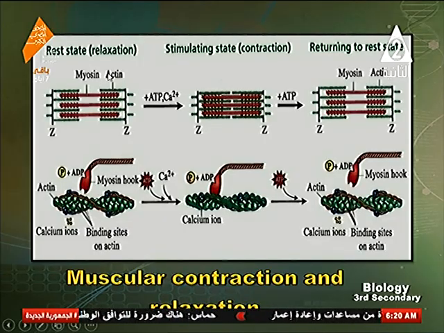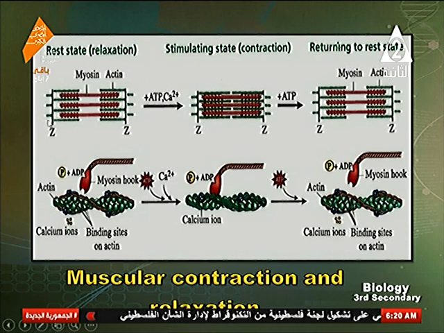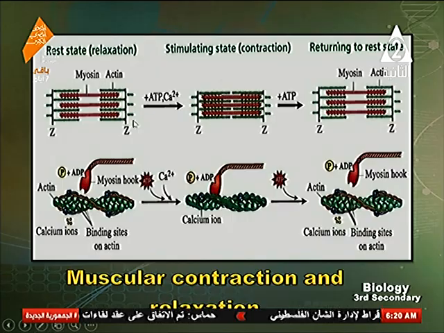Okay. This is the actin, this is the myosin, this is dark. The sarcomere is from one Z line to the successive Z line. Don't forget these names. Okay. The first is the actin and the second is the myosin.